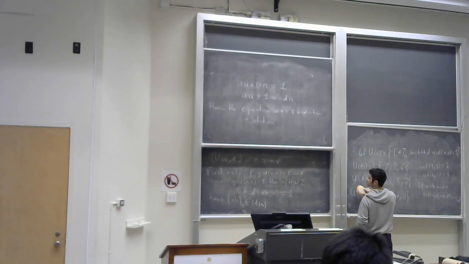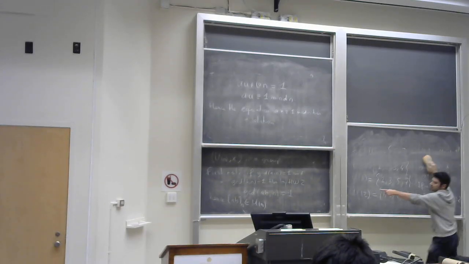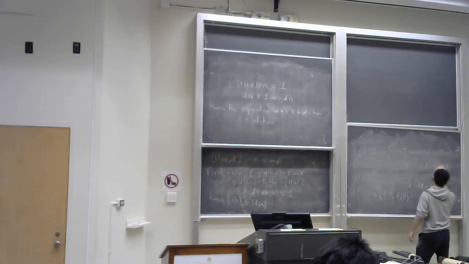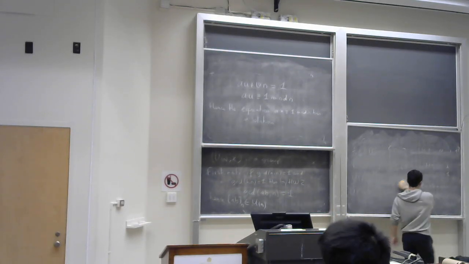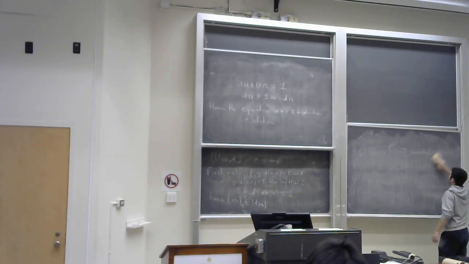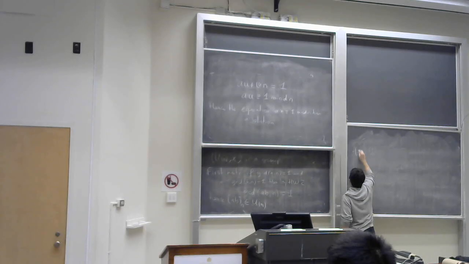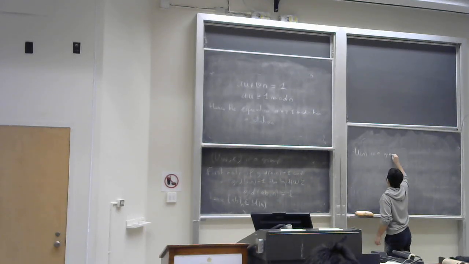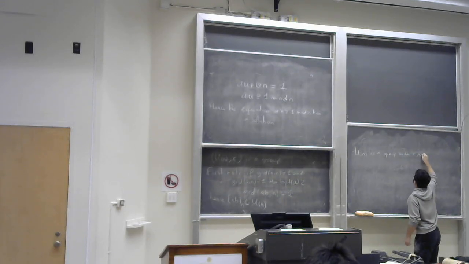This is an important fact: if you take the product of two invertible elements, you get an invertible element. Hence, U_n is a group under multiplication mod n.